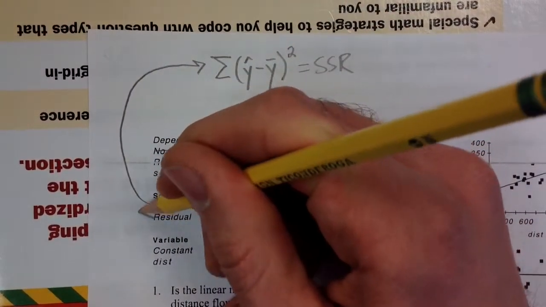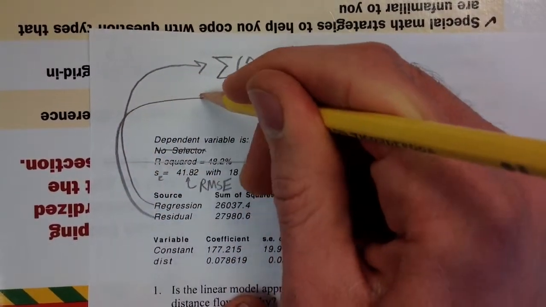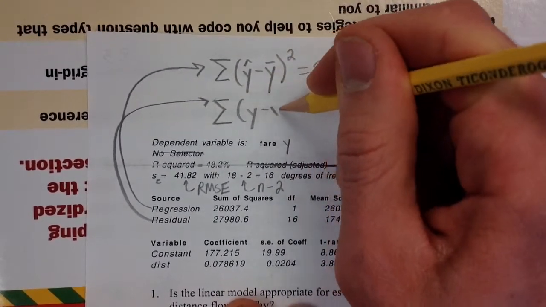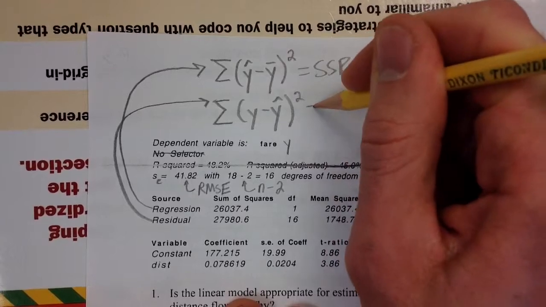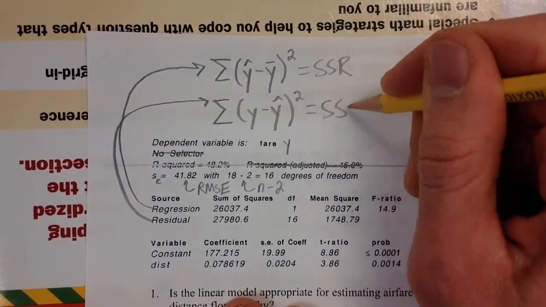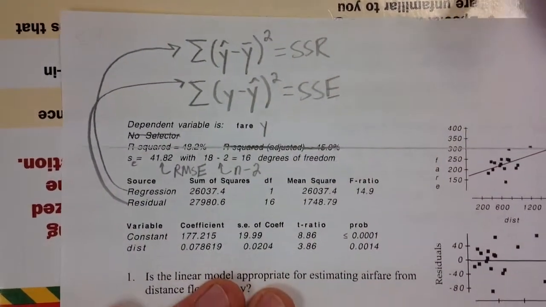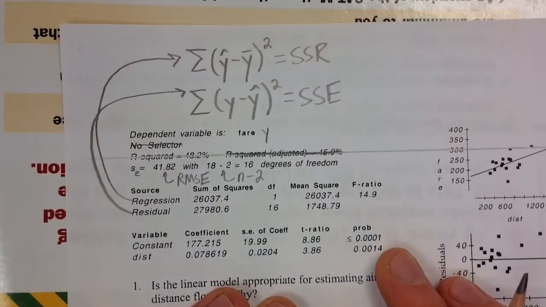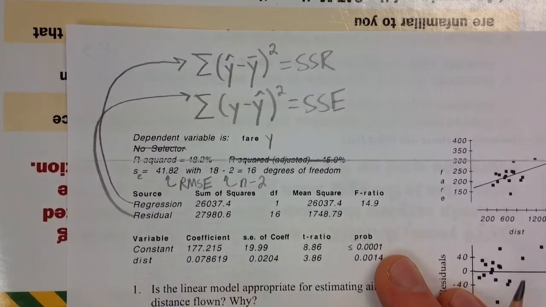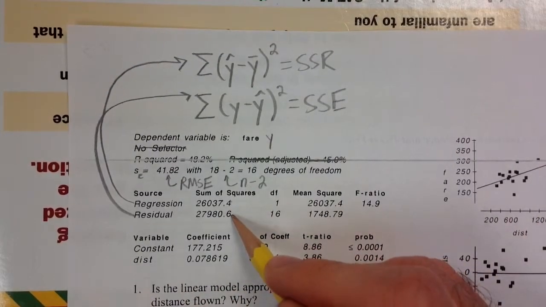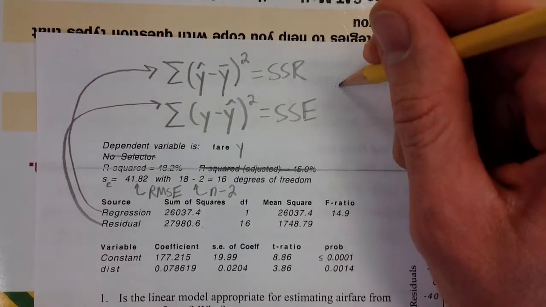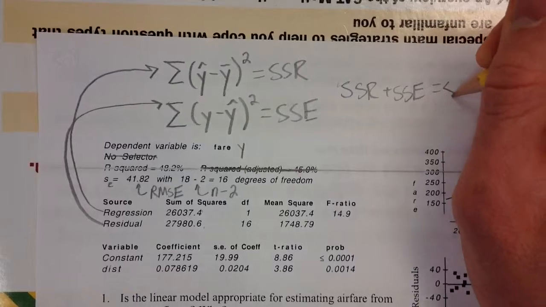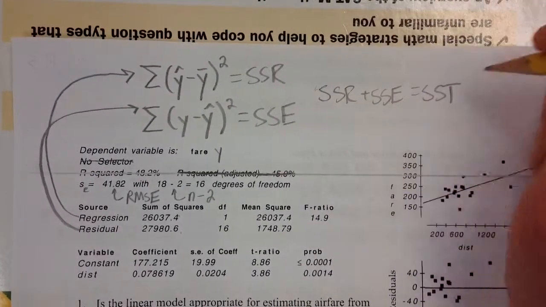The next one, you know what a residual is, so I think you can do that one. Just put a residual in the parentheses: y minus y hat, often shortened to SSE, sum of squares for errors. And as I said yesterday, SSR plus SSE equals SST, total sum of squares.